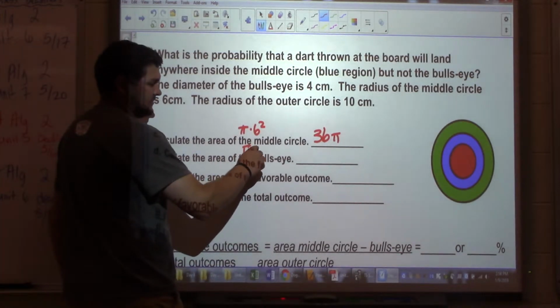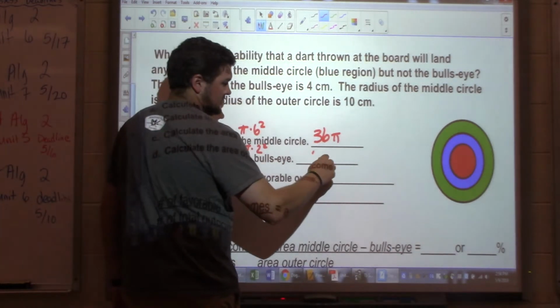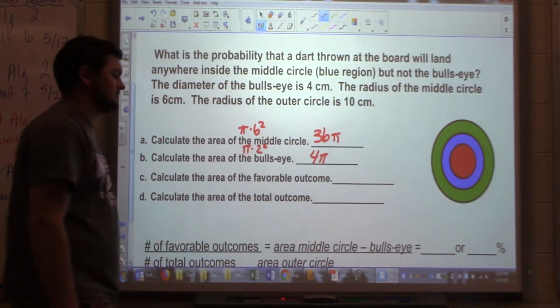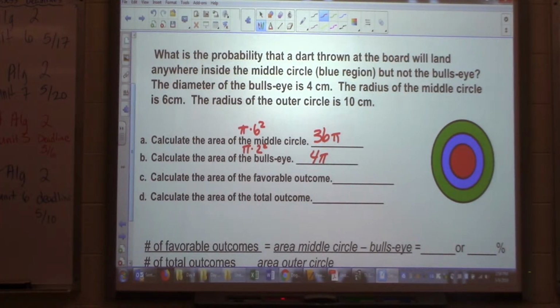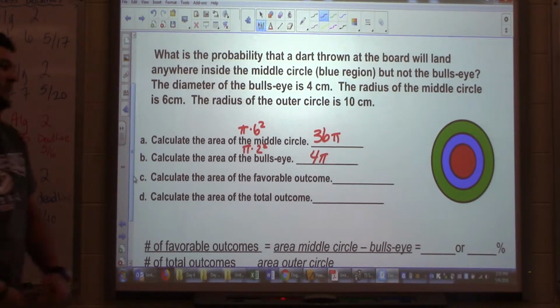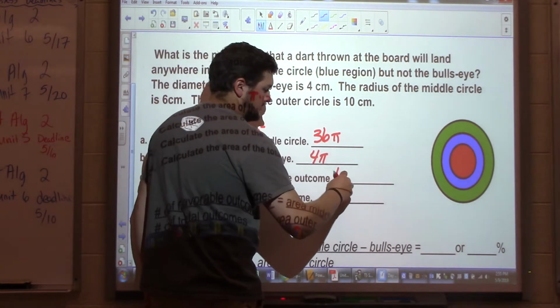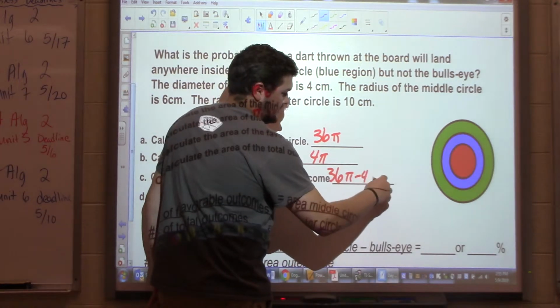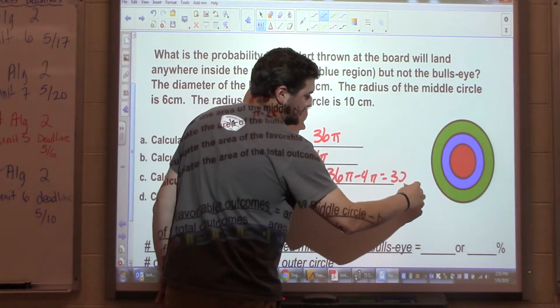So pi times 2 squared is 4 pi. So how do I find the area of the favorable outcome again? We're going to subtract 36 pi minus 4 pi. Should give me 32 pi.